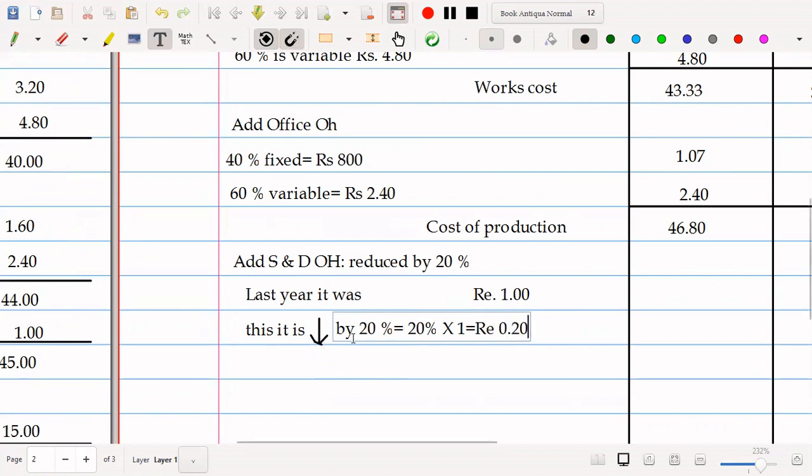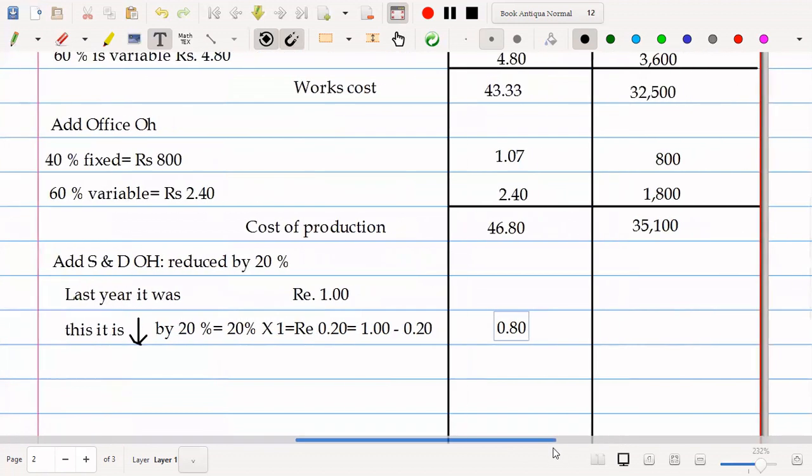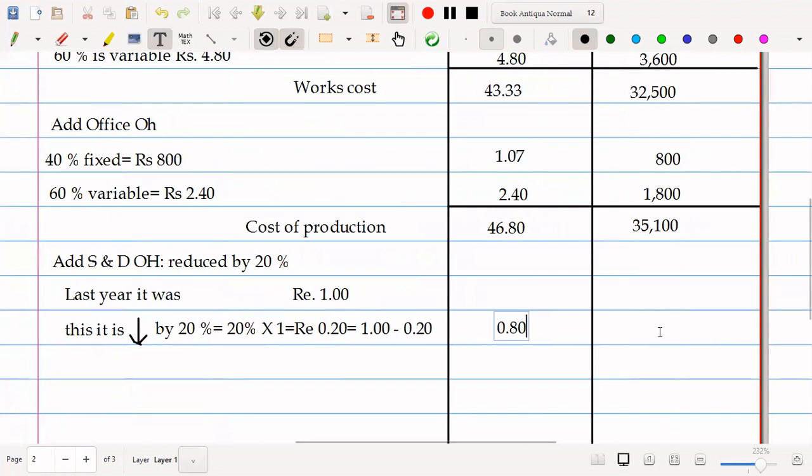We have to minus this because it has reduced. So we have to minus this here. That is 1 minus 0.2. It comes to 0.8 rupees. Now multiply this with 750. It comes to 600 rupees.